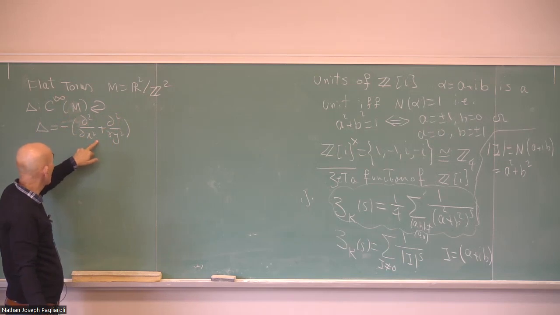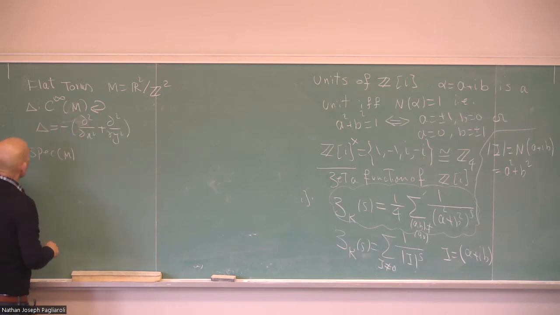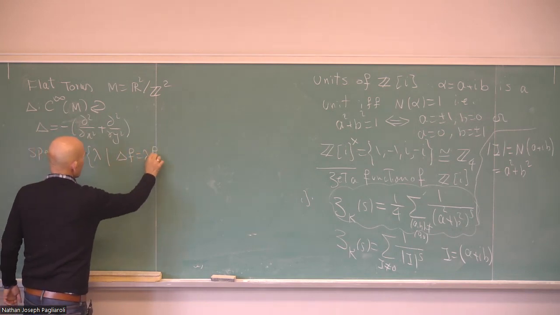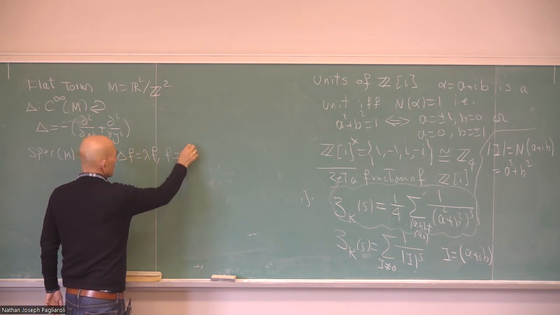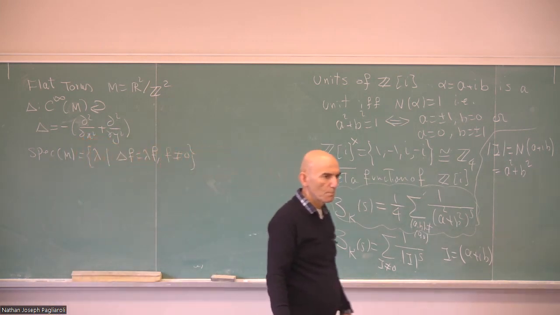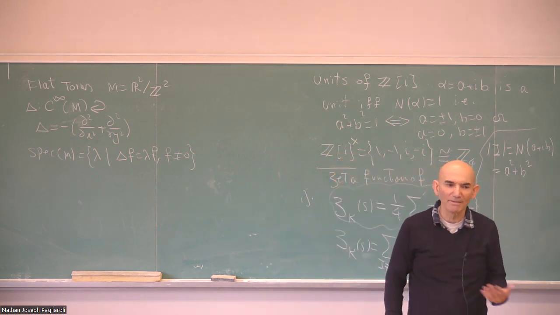Now the spectrum of this manifold, with respect to this metric, is the set of all lambda such that the Laplacian of f equals lambda f for some nonzero smooth f. It's just like the spectrum of a matrix.